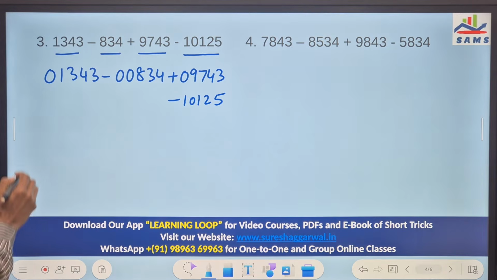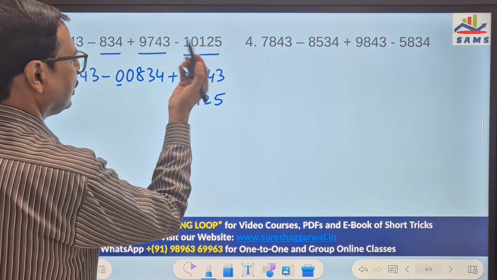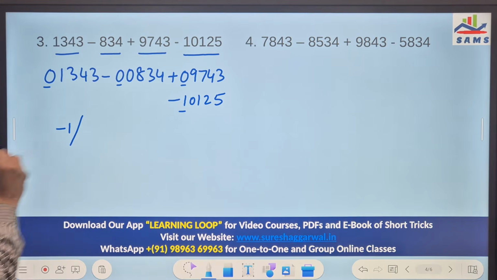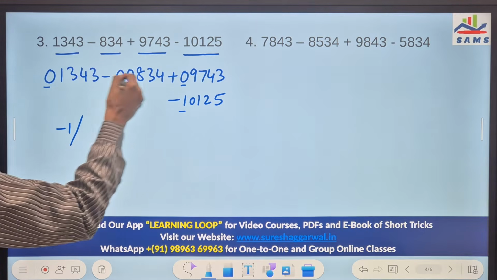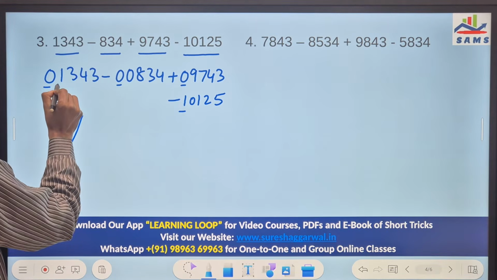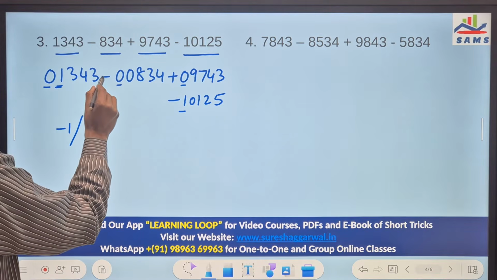So let's start with the first digit. 0, 0, 0, and we have a minus 1. So negative 1 becomes the first number, and likewise you can go on and find the remaining sums. Here you see this is 1, and then this is 0.